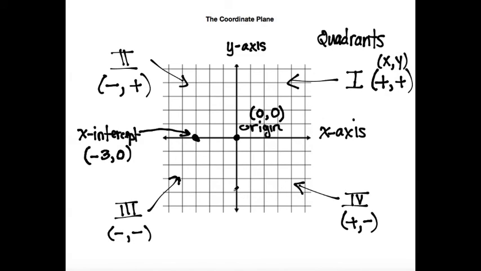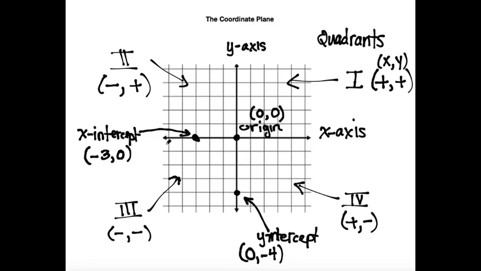Then we have points that land right on the y-axis. That's called a y-intercept. A y-intercept is very similar to the x-intercept, but this time we know that the x value is 0, and the y value is negative 4.